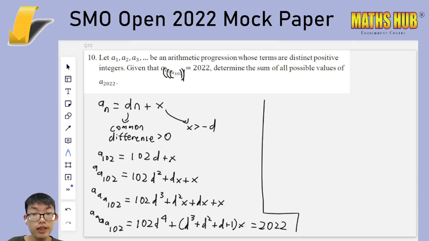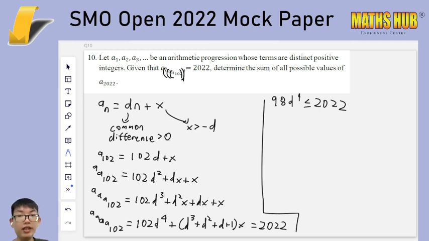This whole thing here subtracts off at most, very loosely, 4d to the 4. So it means that you need your 98d to the 4. This is the smallest it can go. So it has to be within 2022, which is very strict. Because if d is equal to just 3, 3 to the power of 4 is 81, and 81 times 98 is far bigger. So d can only be 1 or 2.